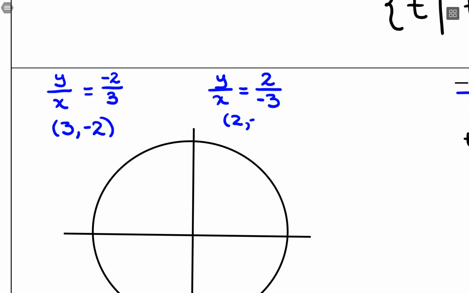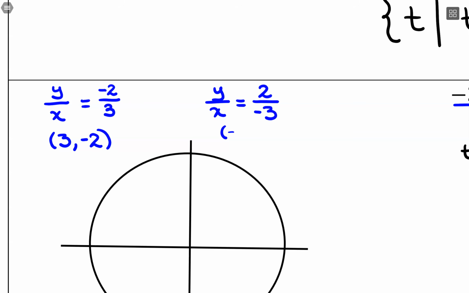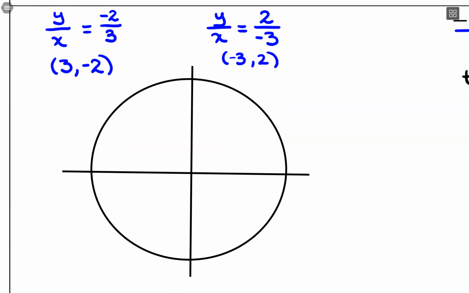Nope, -3, 2. Did I switch these around? 3, -2, -3, 2. Sorry, it's hard with that y over x order there.